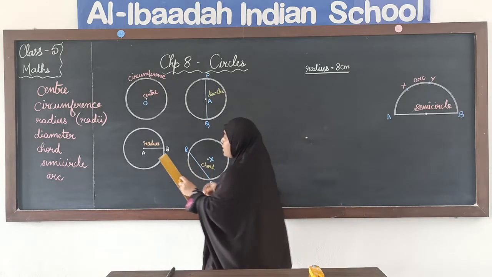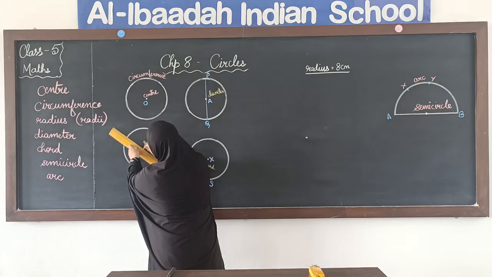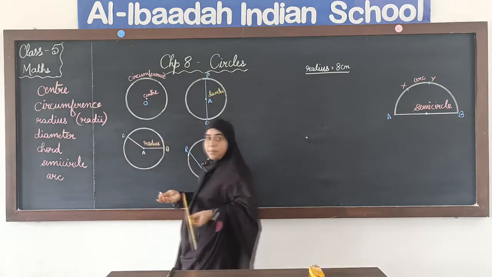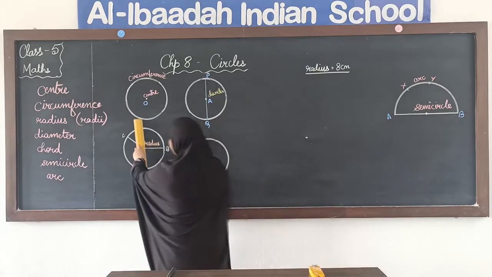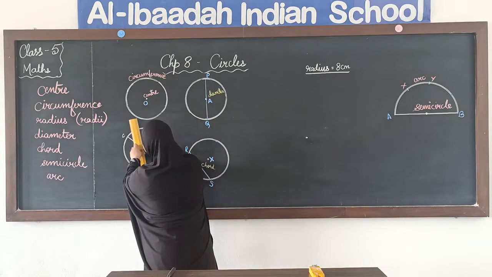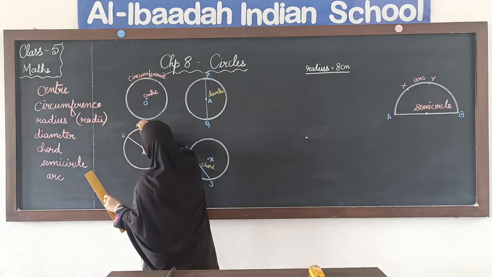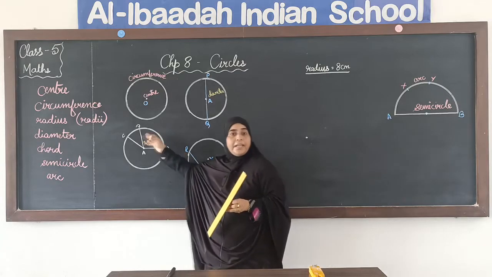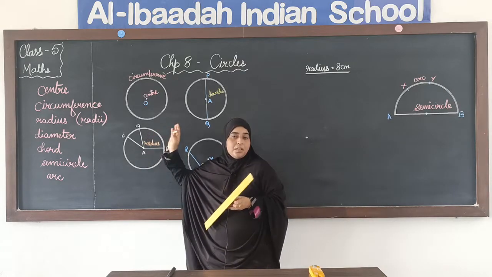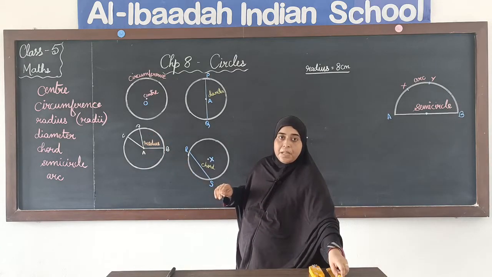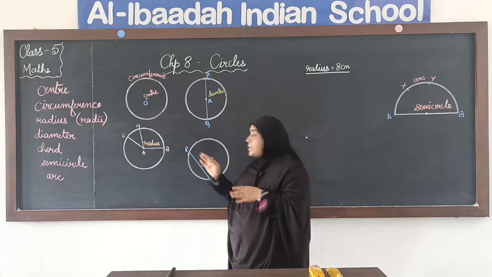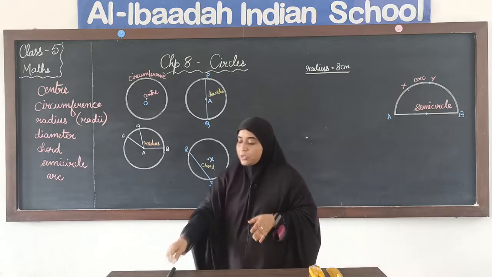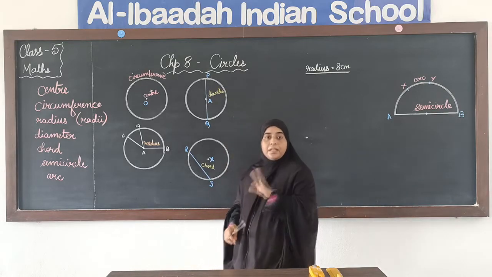For example, from this point A I can draw another radius and name it C. So AC becomes a radius. In the same way I can draw one more from A and name it D. So AD is also a radius. Like this I can draw any number of radii in a circle, right. So for a circle there can be an infinite number of radii.